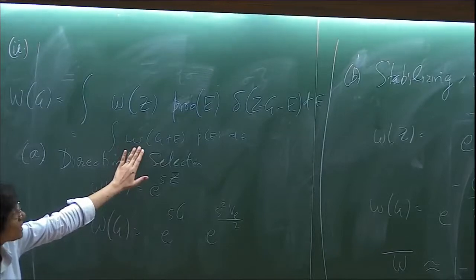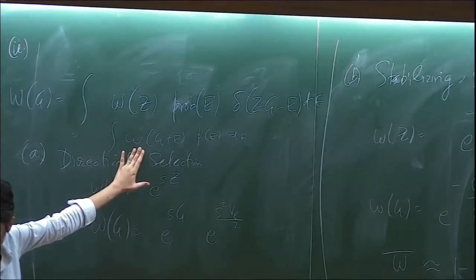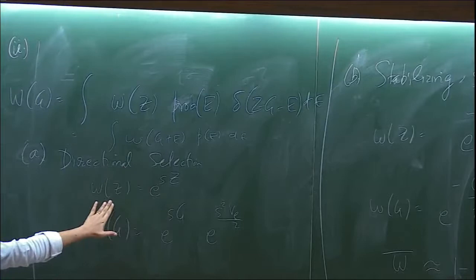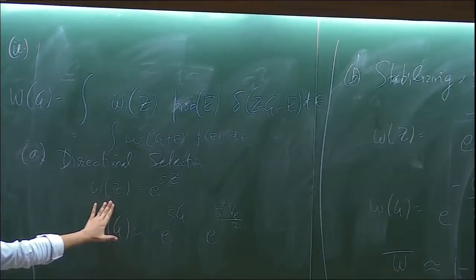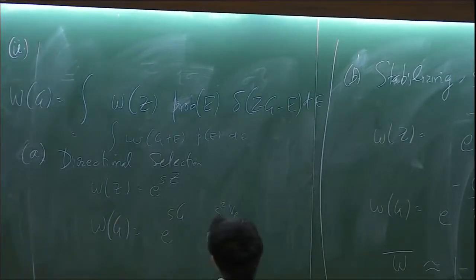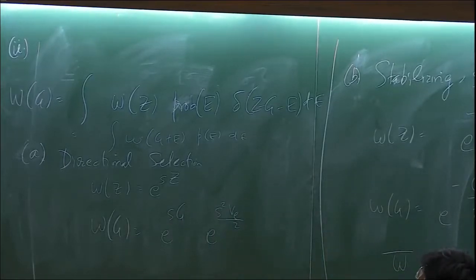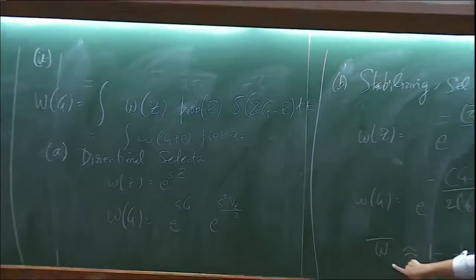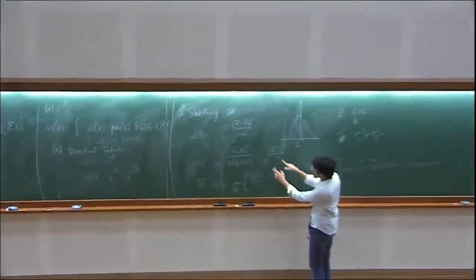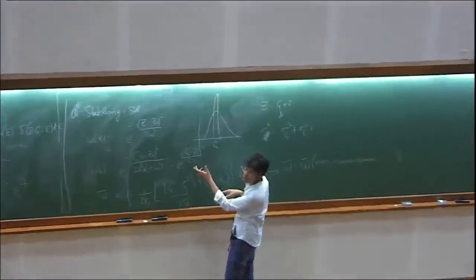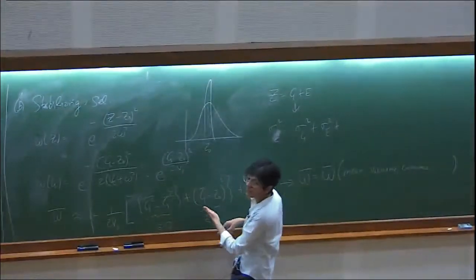Z is equal to G plus E, so this is an integral over E, where this W is this. If I expand it and take the average over genotypes, then you will see that, to linear order also, it has two components: a variance component and a mean component.